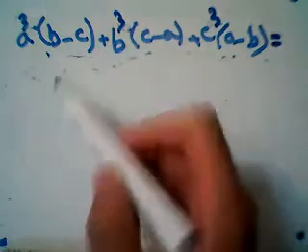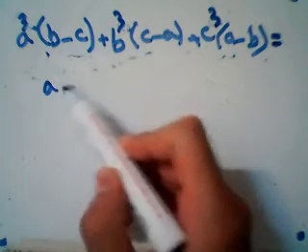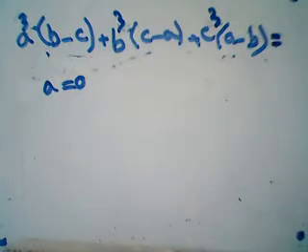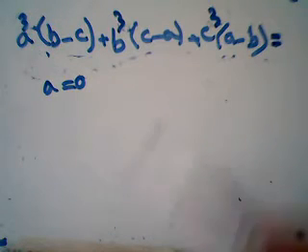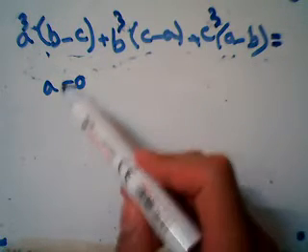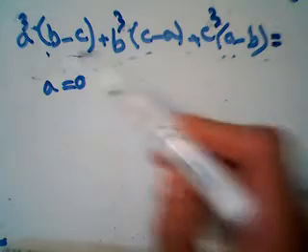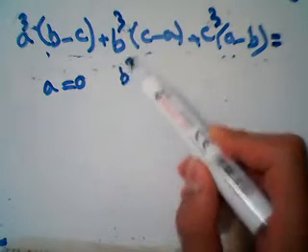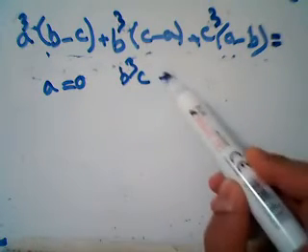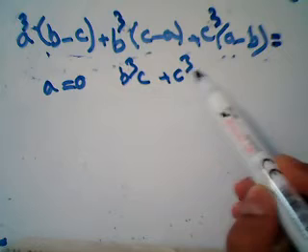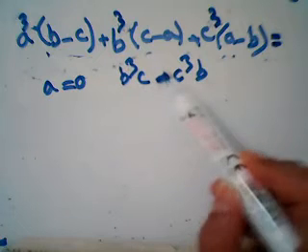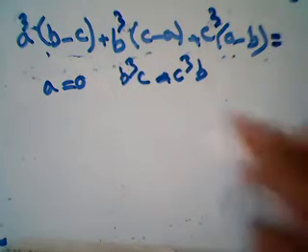Now let's first try a equals 0 in order to see if a is a factor of this. So this would be 0, this would be b cubed, and this would be c cubed minus c cubed, so it is not 0.